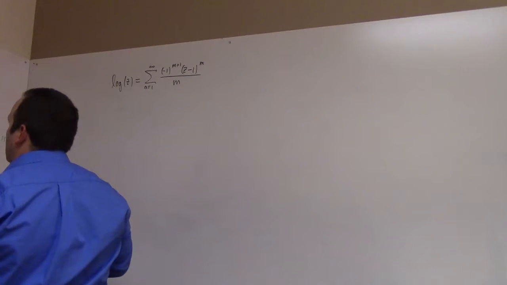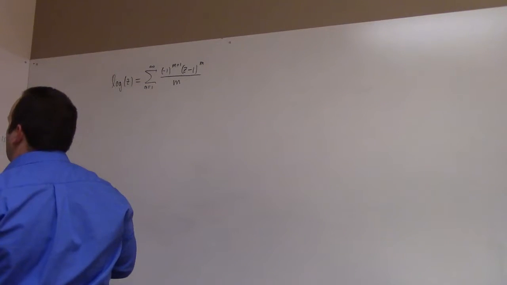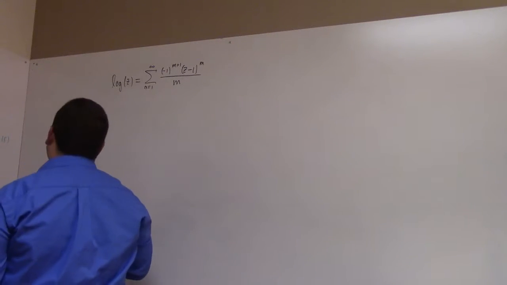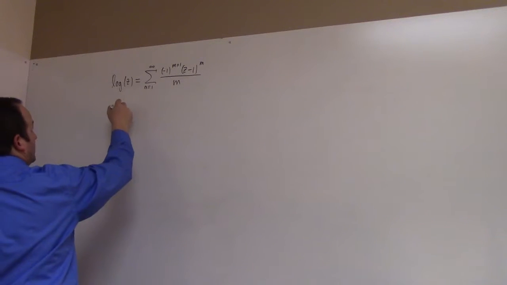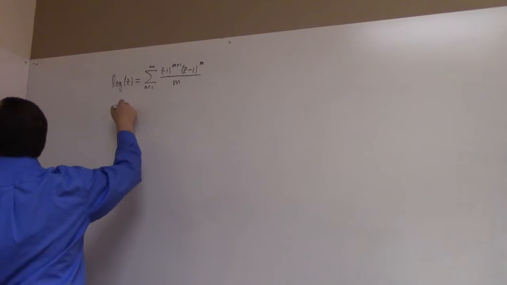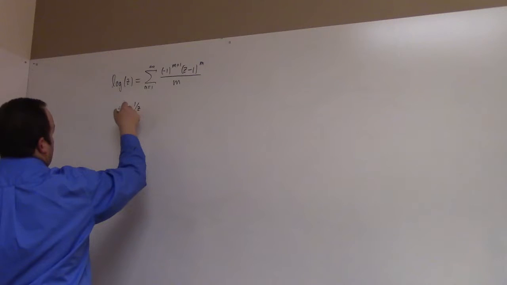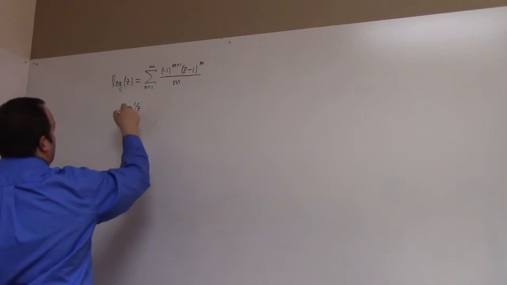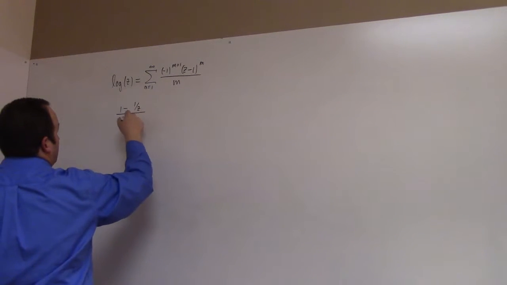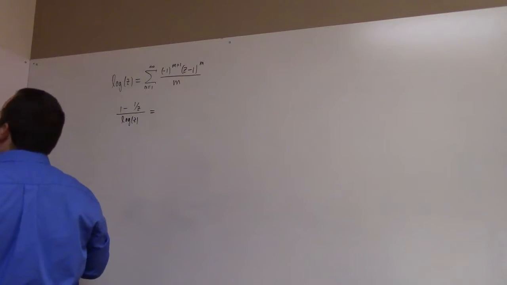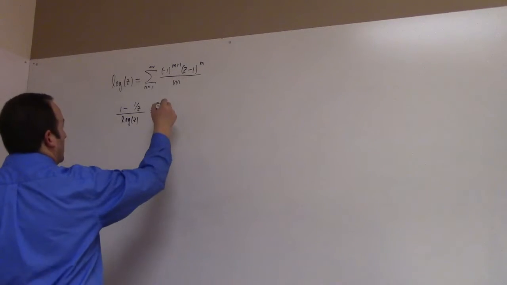All right. Well, if I'm going to center things at 1, so I've got 1 minus 1 over z divided by log z. What's this equal? I don't know, man. Well, it's z minus 1 over z log z.